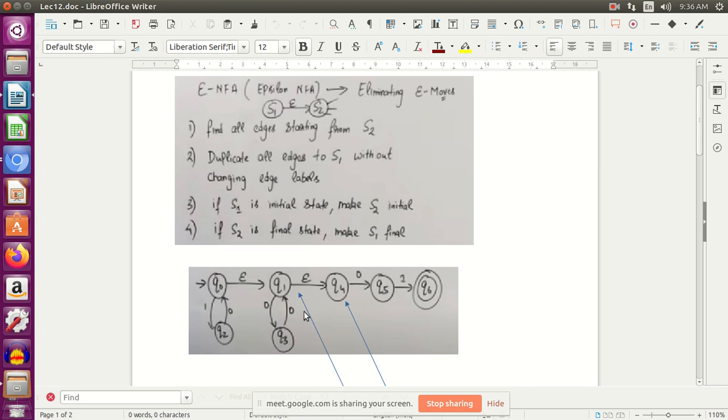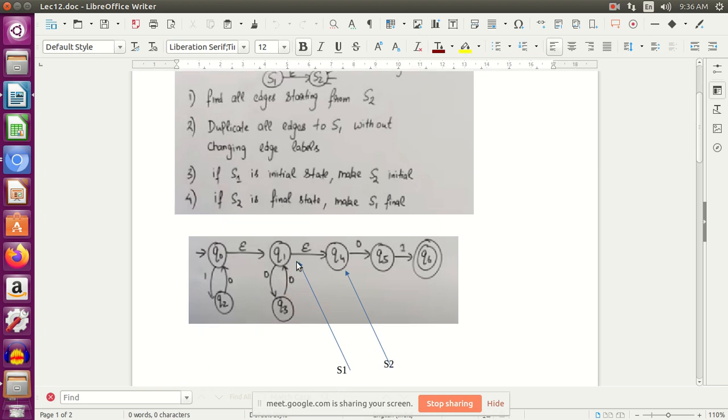Whenever you have more than one epsilon move in a particular NFA, how do you decide which epsilon move to remove first? The sequence matters.